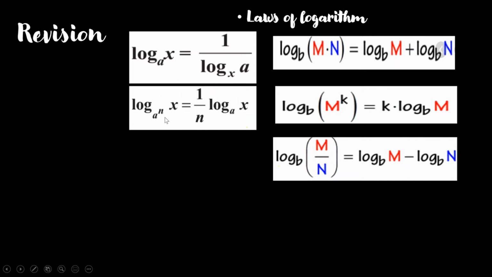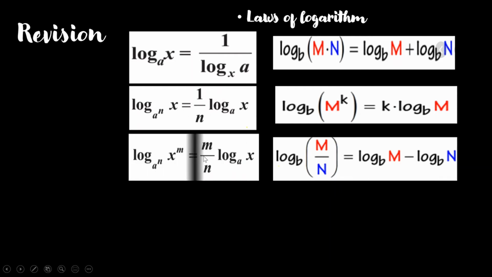Also, log of x with base a to the power n, we can write as 1 upon n times log of x with base a. Similarly, this one we also saw in the previous class: log of x to the power m with base a to the power n becomes m upon n times log of x with base a.